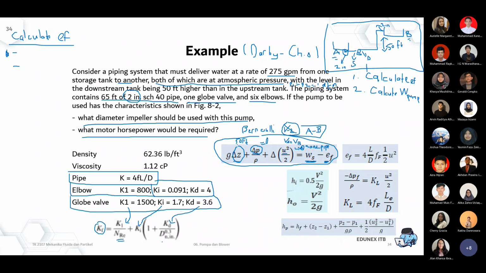Then you need to calculate your Reynolds number, and the diameter of the pipeline. So before we go further into the Fanning chart and so on, of course you have to start with the Reynolds.